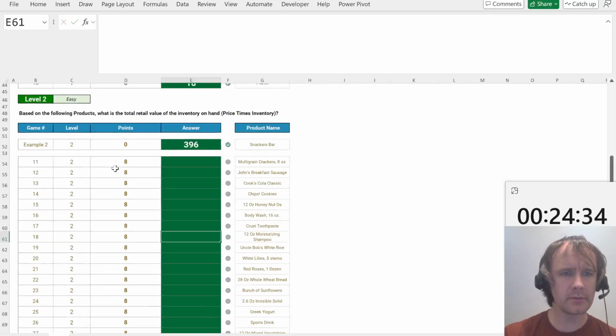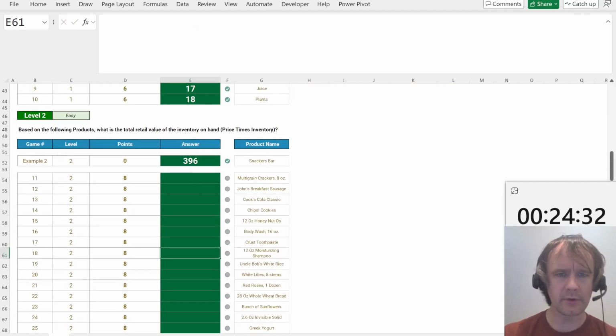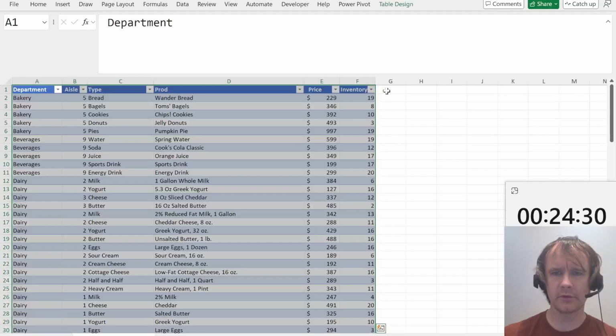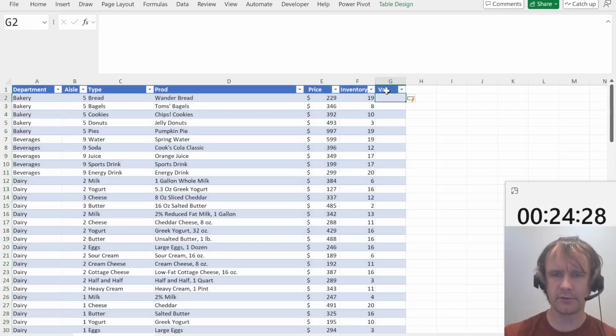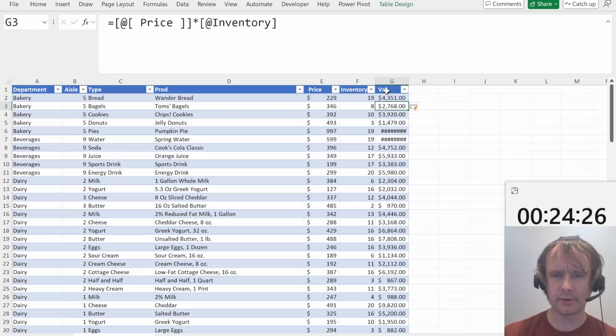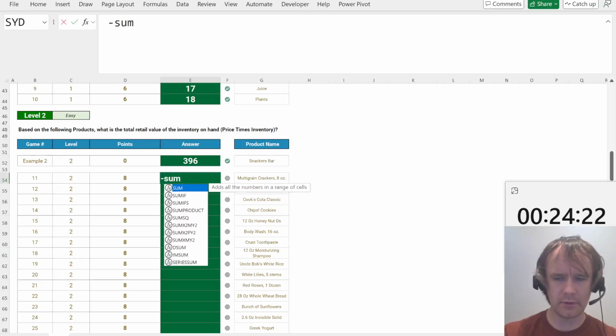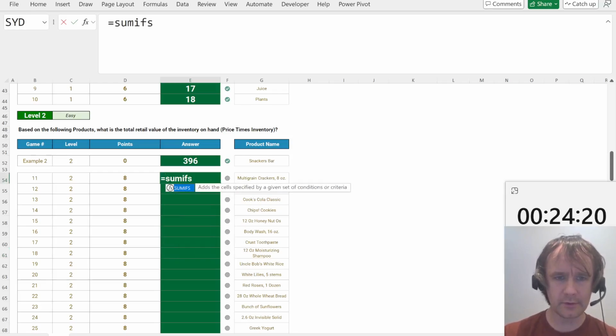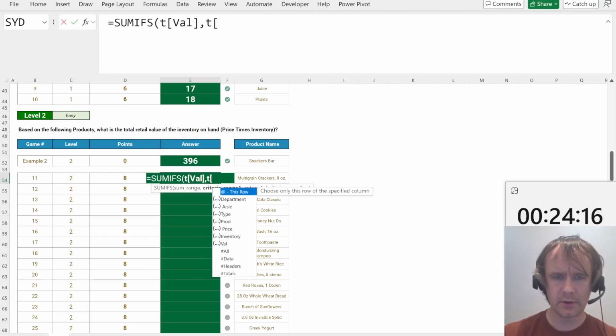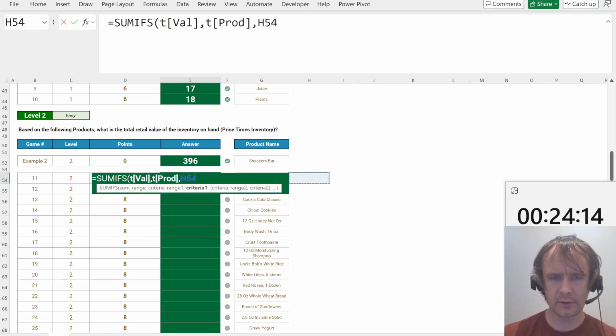Yes, okay. Total retail value of the inventory on hand, price times inventory. Okay, so here value, this times this. Equals sum ifs T value where T product is this.